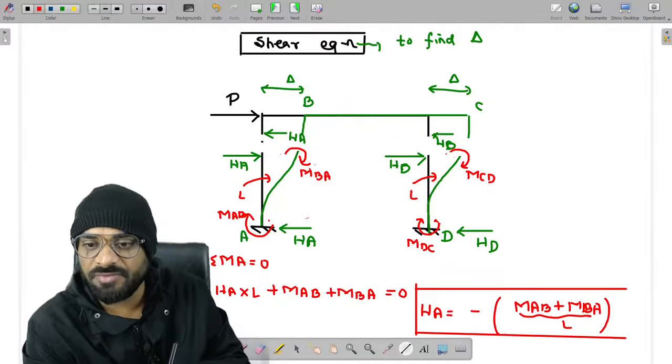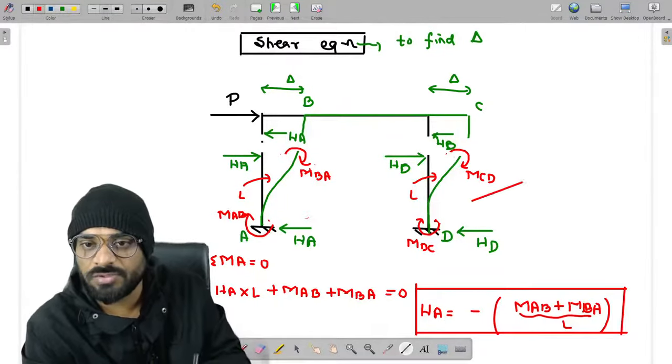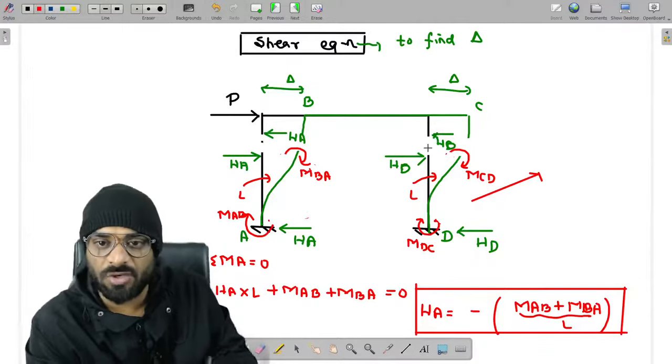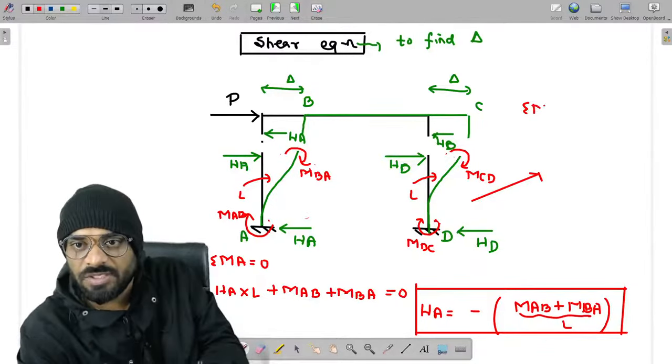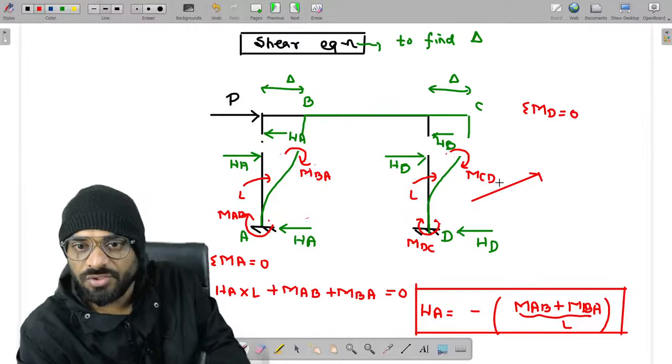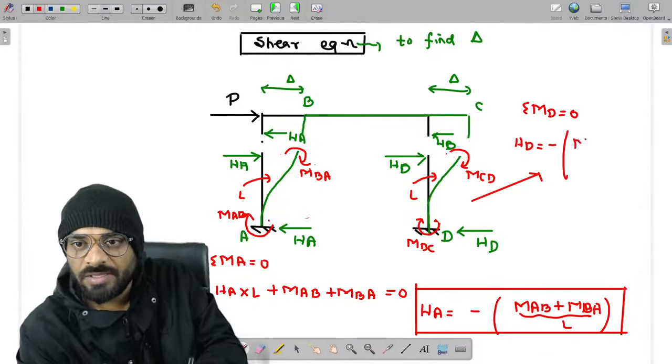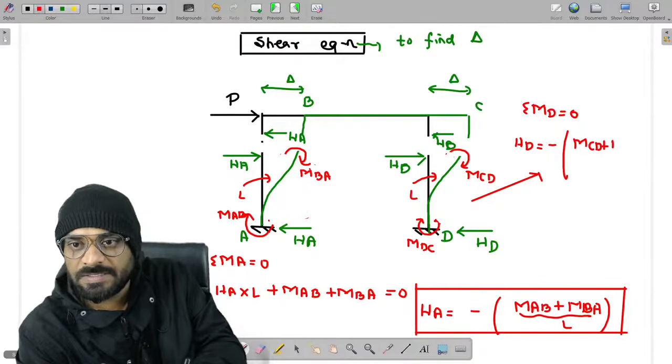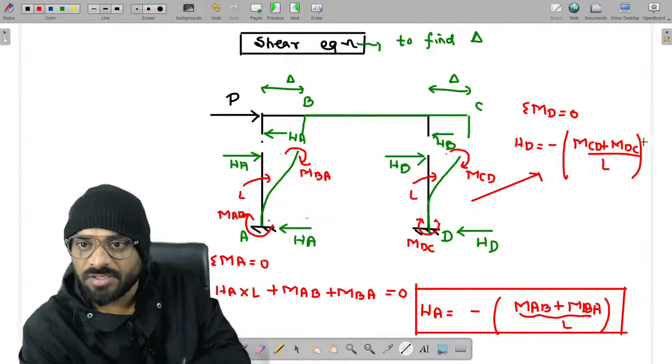In the same way, we have to solve this particular column also. After solving this, if you write summation of moments at D is equal to 0, what will you get exactly? HD is equal to minus of MCD plus MDC, divided by L, right? Getting a point or not?